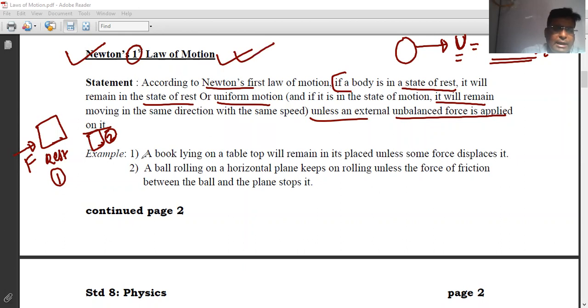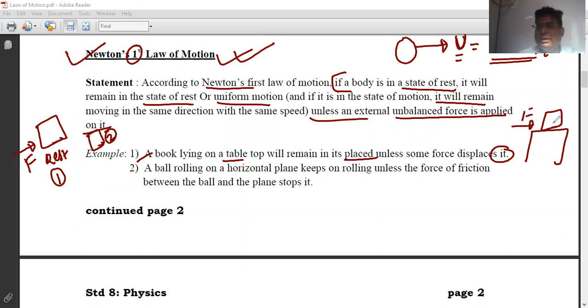Its example is a book lying on a tabletop will remain in its place unless some force displaces it. Suppose there is a book lying on the table, it will remain at rest on the table unless we apply any force or take it from that position to another position.